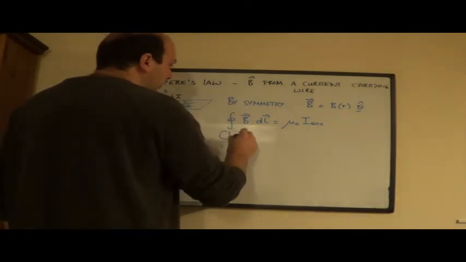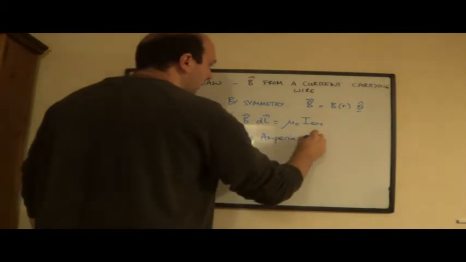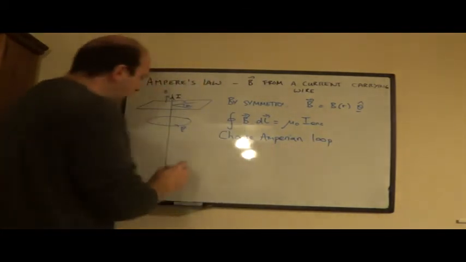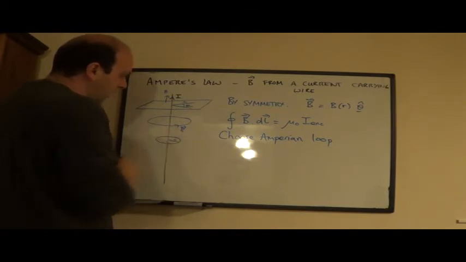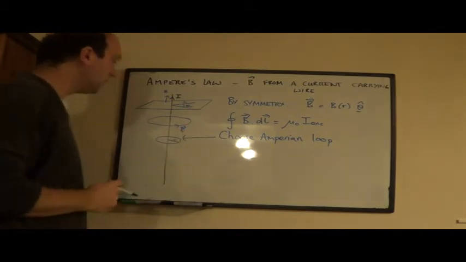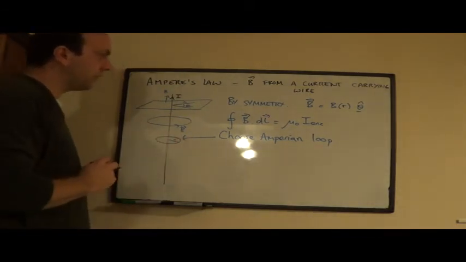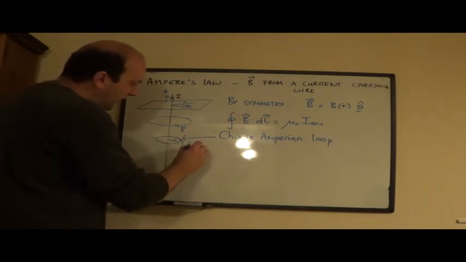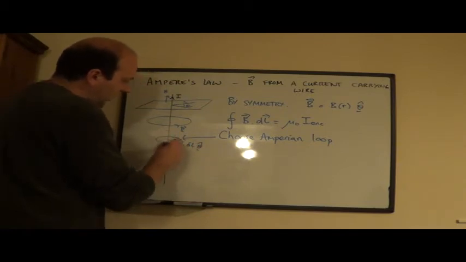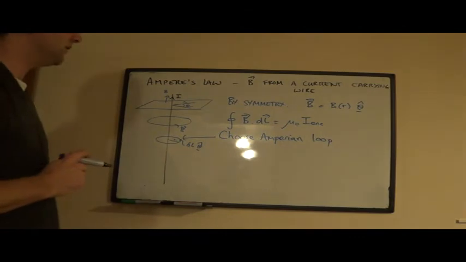So we have to choose an Amperian loop, and the symmetry arguments we've just made suggest that we should choose a loop of radius r away from the wire. The magnetic field will be constant all around the loop, and any individual piece of that loop, delta L, will be in the theta hat direction at any point around. So it will be pointing in the same direction as the magnetic field.